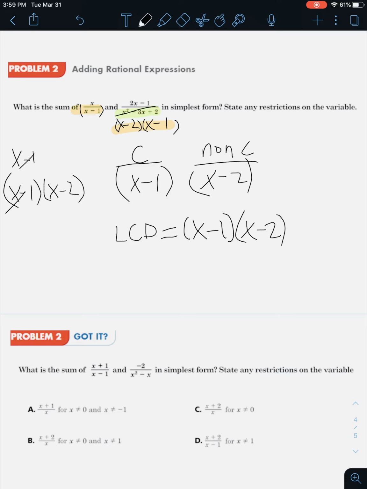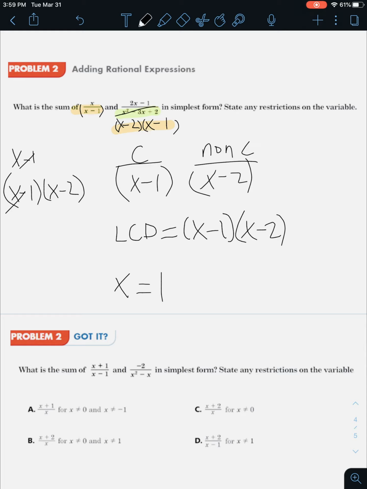So here's what we're going to do. Any restrictions on the denominator? Yes, if you had x minus 1 in the denominator, you can't have x equals 1 because 1 minus 1 would be 0, and we can't have a denominator of 0. That's dividing by 0, which is undefined.